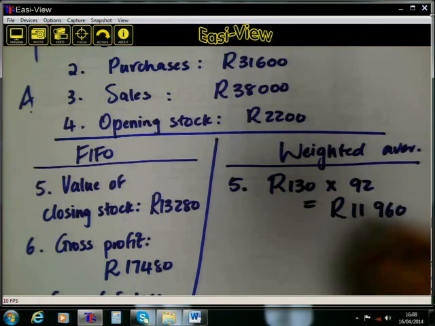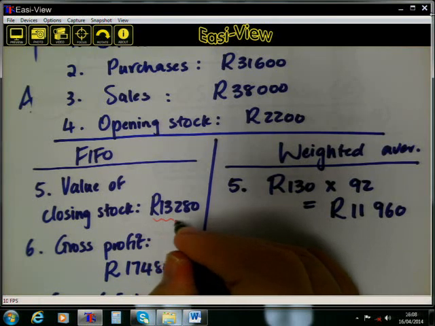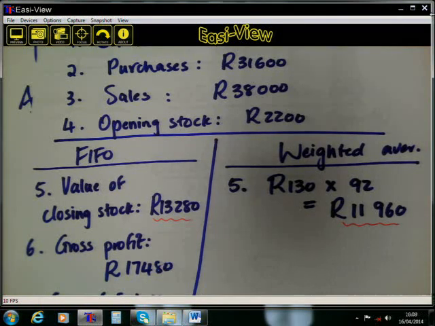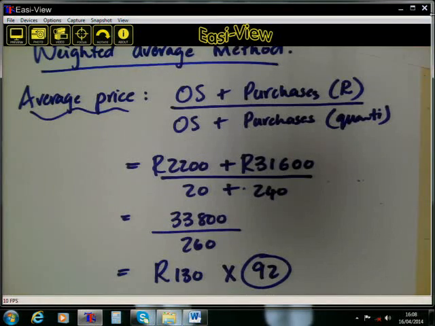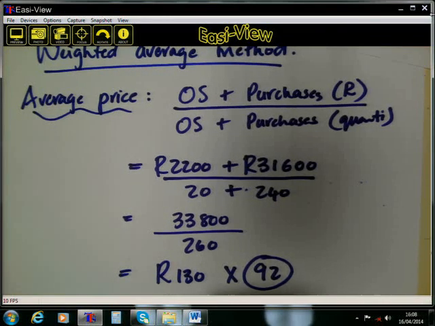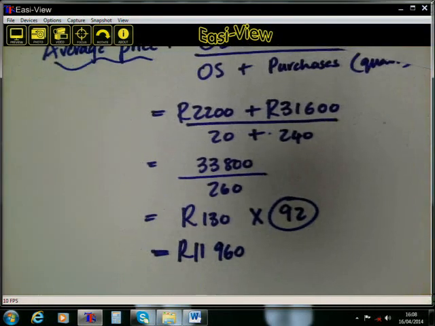Can you see the difference between the value of the closing stock according to FIFO and the value of the closing stock according to the weighted average method, because it's two methods. So that equals 11960 there. What am I going to do now?